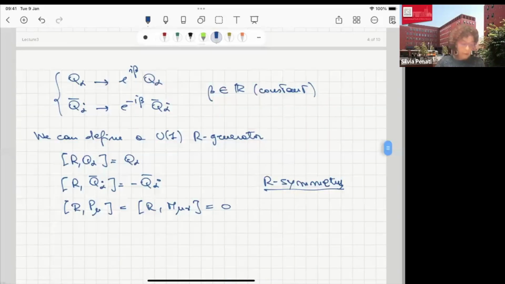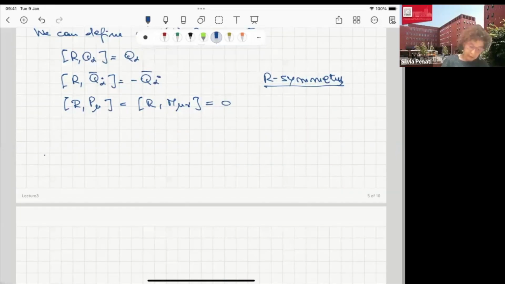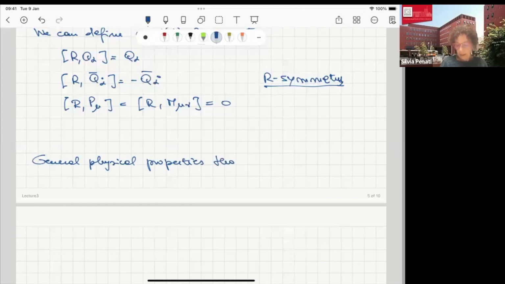Okay, so general physical properties that can be inferred from algebra 1.